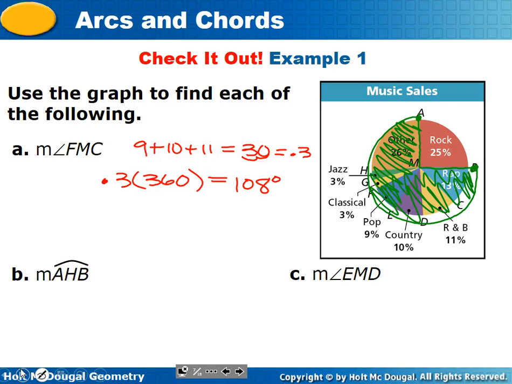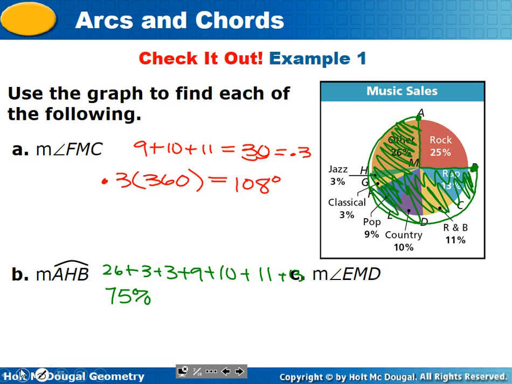Now there's a couple ways I could do this problem. I could definitely add up all of those percentages. So that would have been 26 plus 3 plus 3 plus 9 plus 10 plus 11 plus 13. And when I did that, I would have gotten 75%. Now there's another way we could do this too, because I notice everything's included in this except for that 25%.